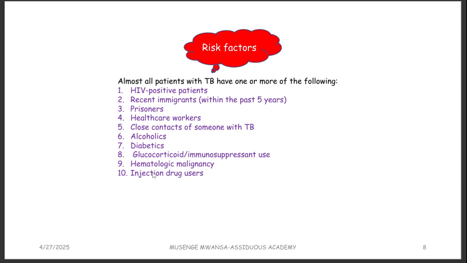Hematological malignancy: do they have leukemia, do they have lymphomas and such? Are they IV drug users, especially if someone is coming from the streets of Lusaka, where this is what they live on? Probably everyone does it.